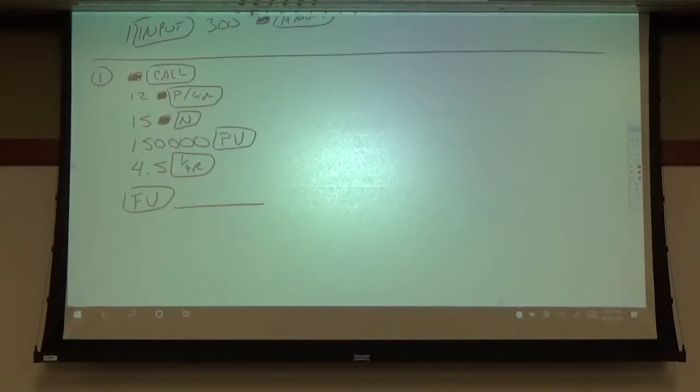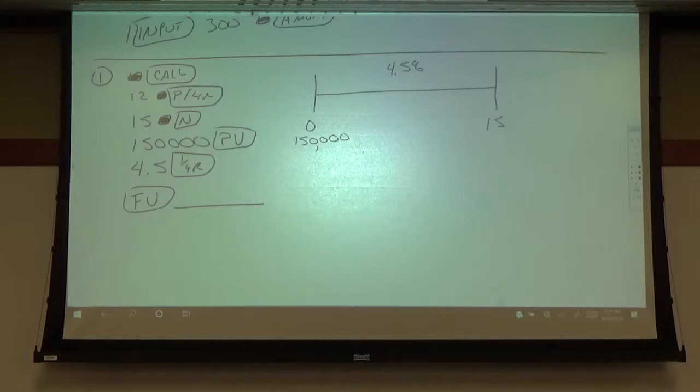Let me show you in essence what we're doing here. Over 15 years, if we bought something for 150,000 and it grew in value at 4.5%, how much is it going to be worth at the end of that period?